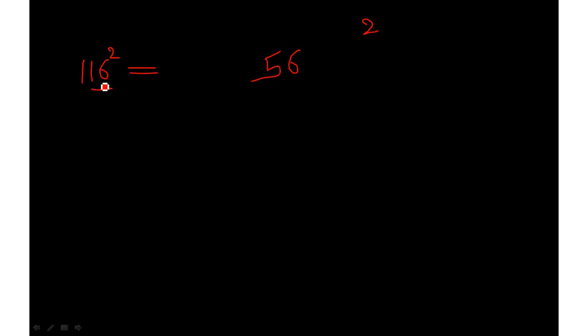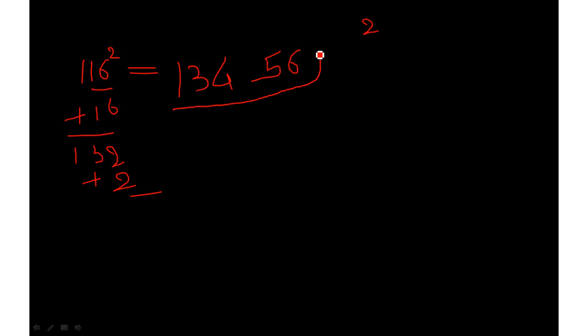Add this difference 16 to this number, you will get 132, and 2 carry, add here, you will get 134. This is the square of 116. I think both the steps are very clear.